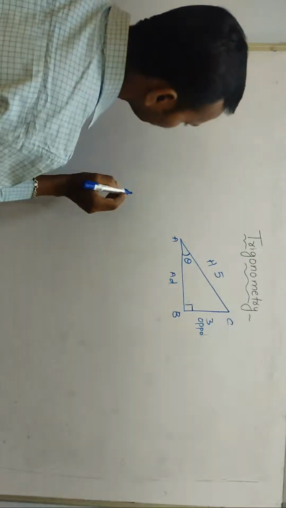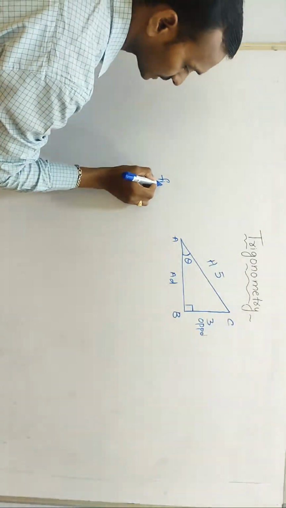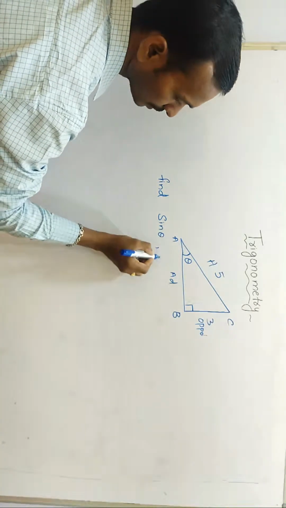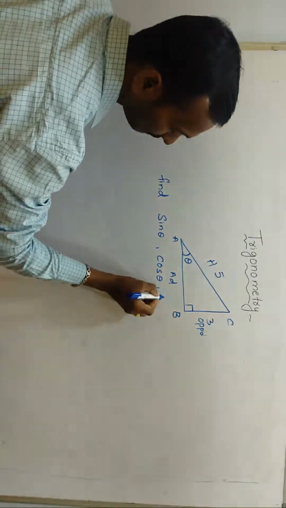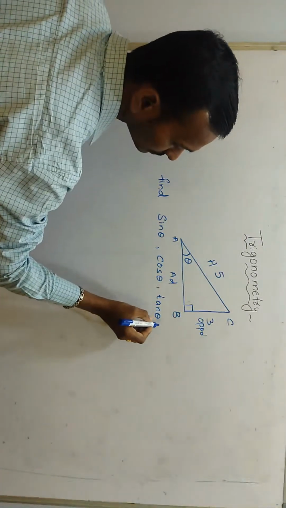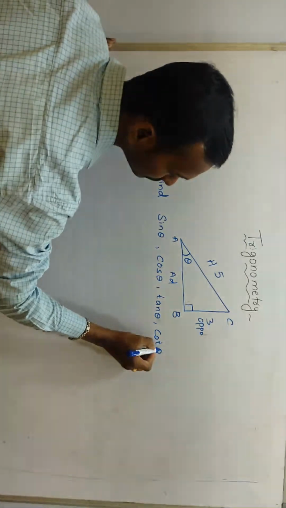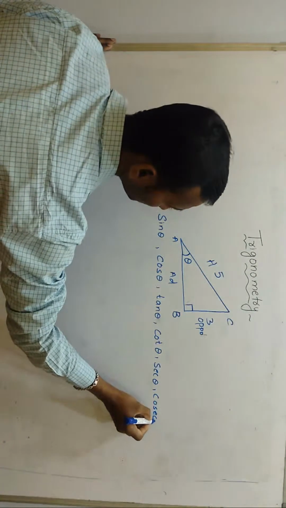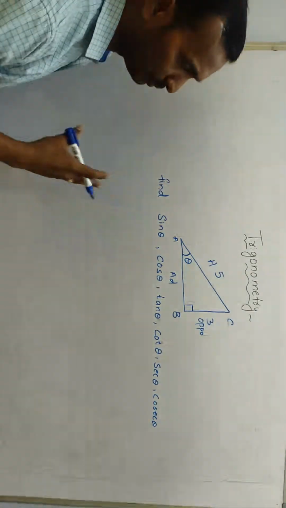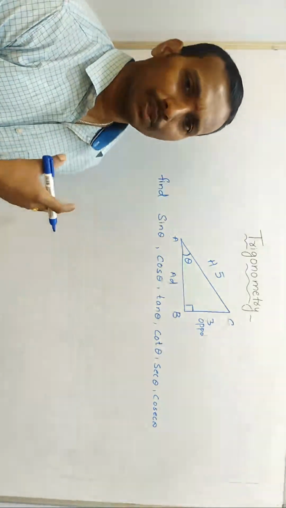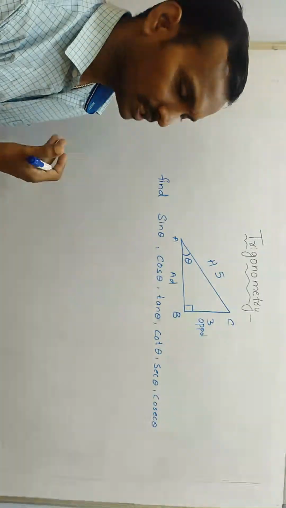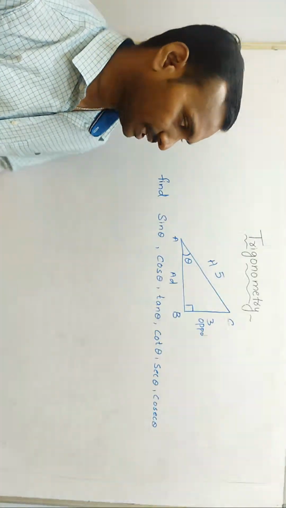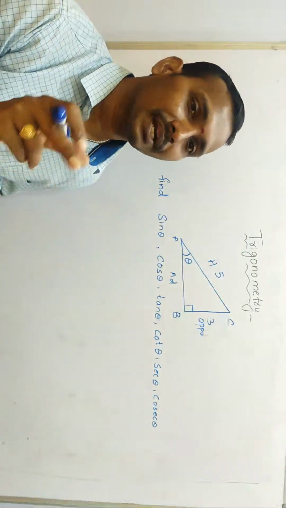Find sine theta, cos theta, tan theta, cot, secant, cosecant. So one side and the hypotenuse of a right angle triangle are given, and he is asking to find the 6 trigonometric ratios.